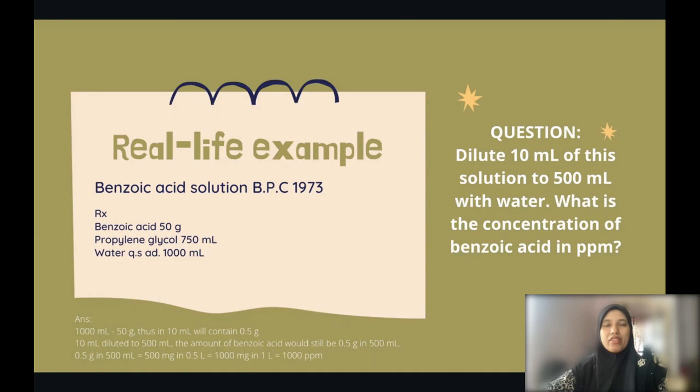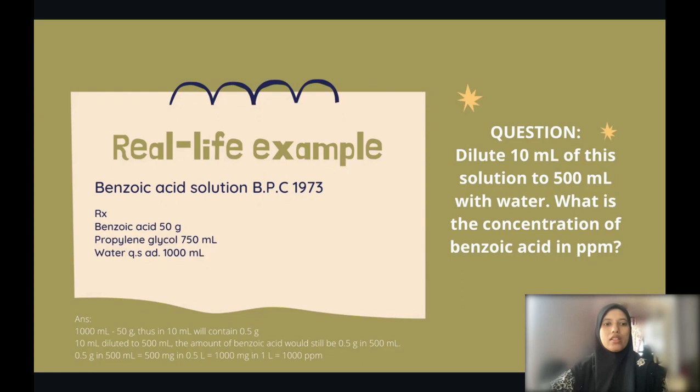You have to be able to do unit conversion very quickly and correctly, because this will help you do the calculation better. So 500 milligram in 0.5 liter, because remember ppm is milligram per liter.